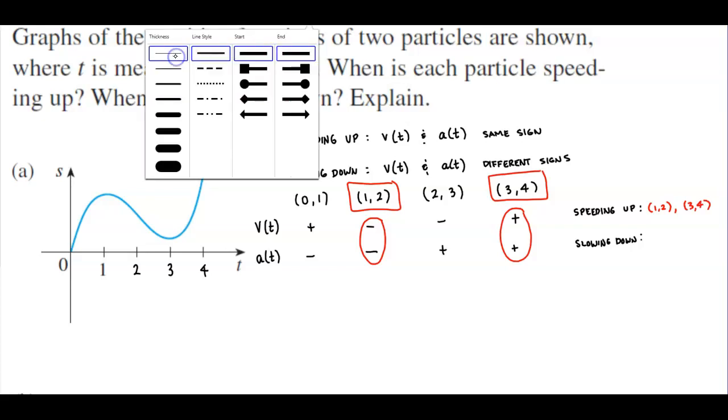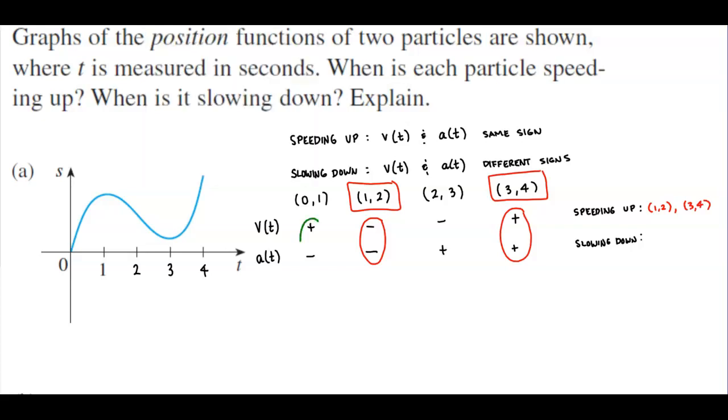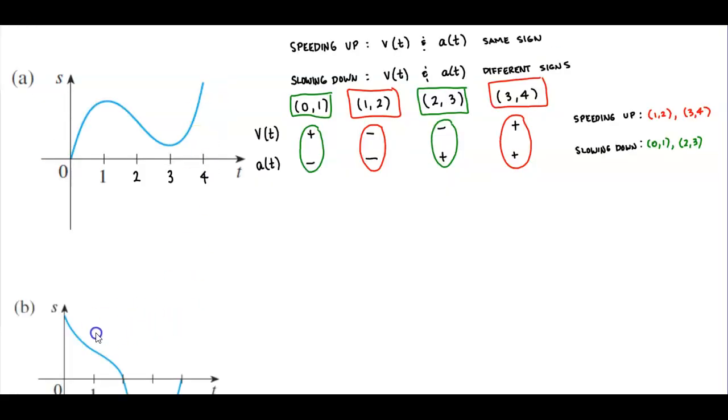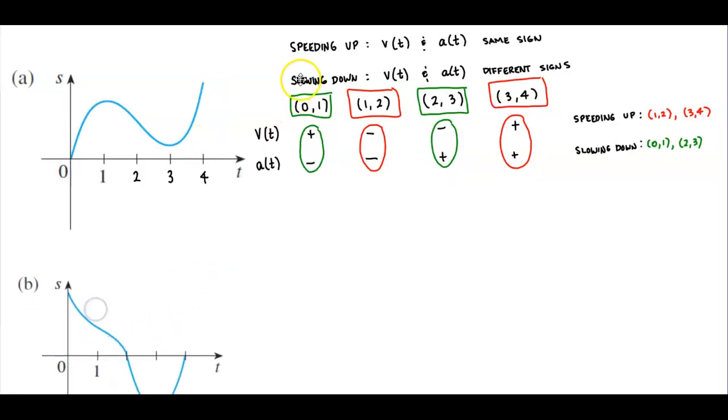And where is it slowing down? Well, the signs are opposite in the interval from 0 to 1, and they're also opposite in the interval from 2 to 3. Now we're going to take a look at the second graph.